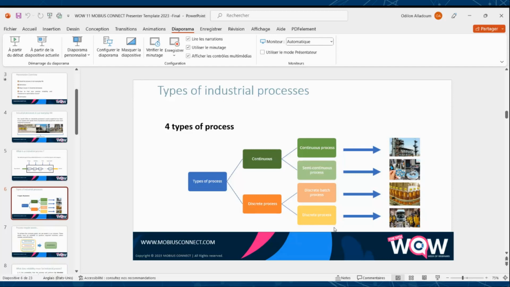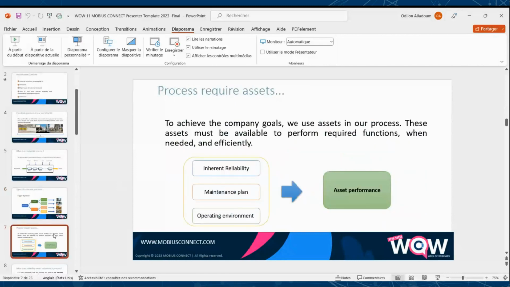In discrete processes, in each step, one item is processed, for example in the car industry, public works, etc. Each of these process subcategories has its individual challenges that we must identify to make the best choice for each equipment.